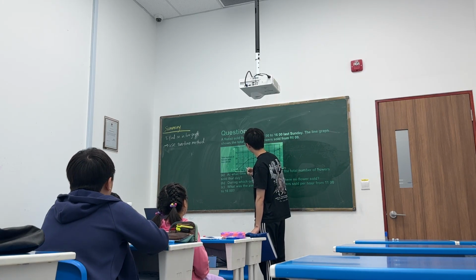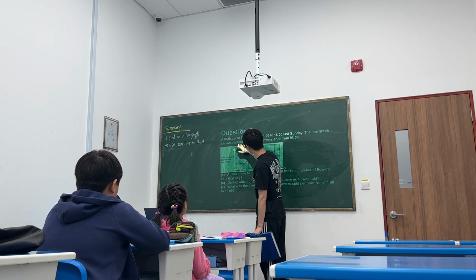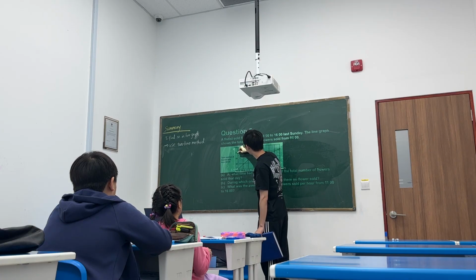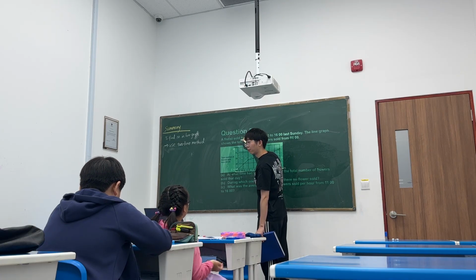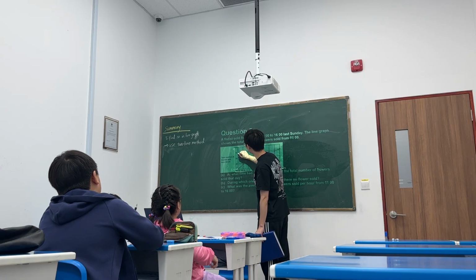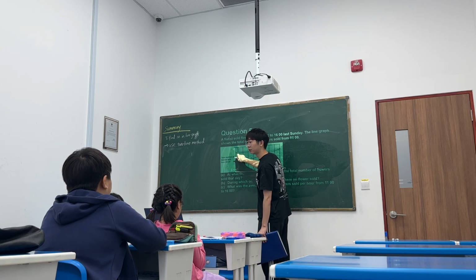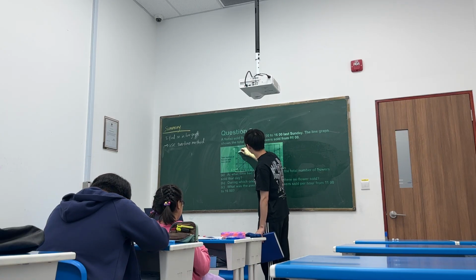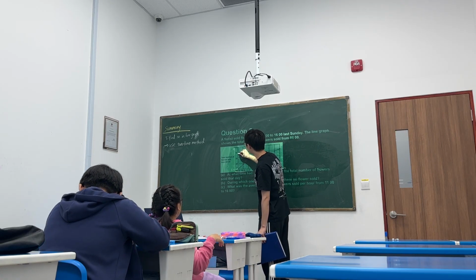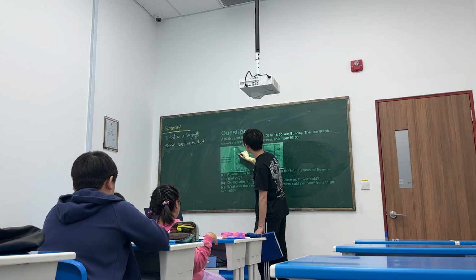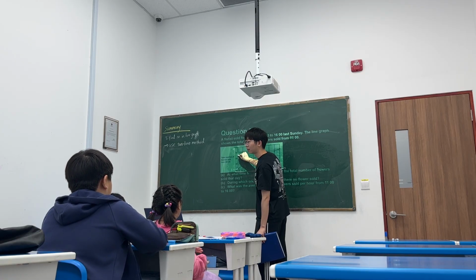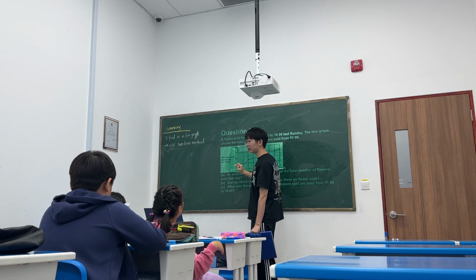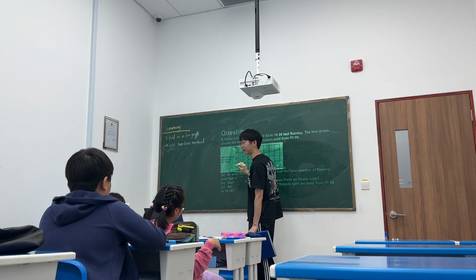Let's try to find out where 65 is here. So each interval represents 5, right? So this is 75. If I move one interval down, it is 70. How about this one? 65. So, our first step is to find out where 65 is.